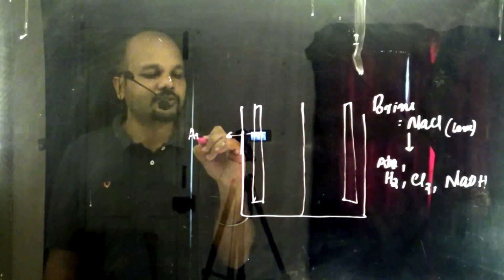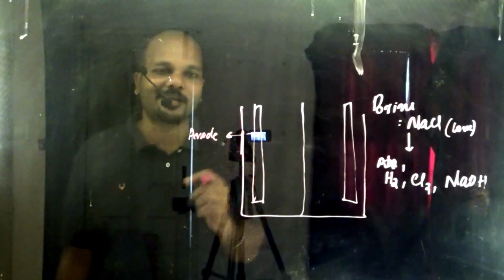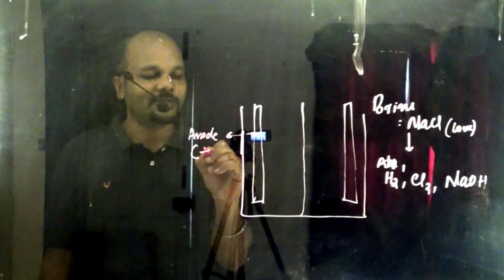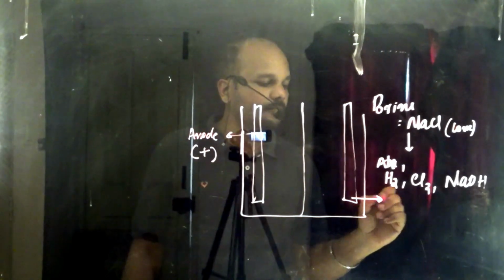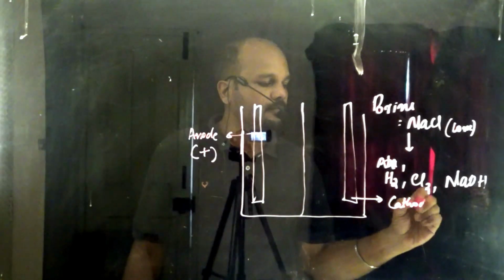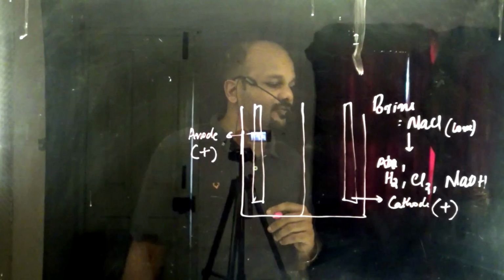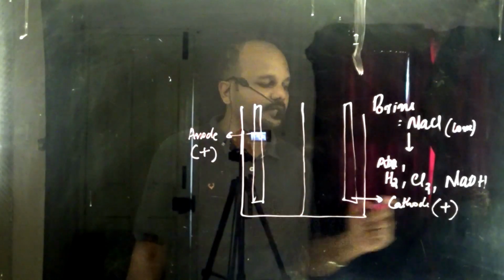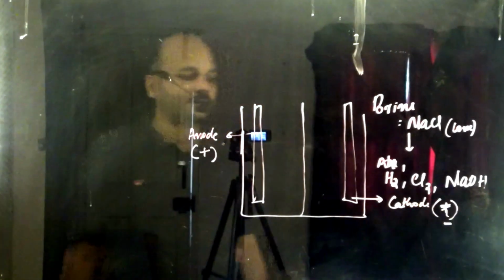Anions go to the anode. Remember that anions have a negative charge, so obviously the anode has a positive charge. And this is the cathode. Cations will be going to the cathode, so the cathode is going to have a negative charge.